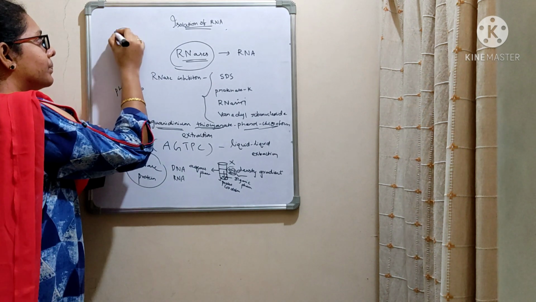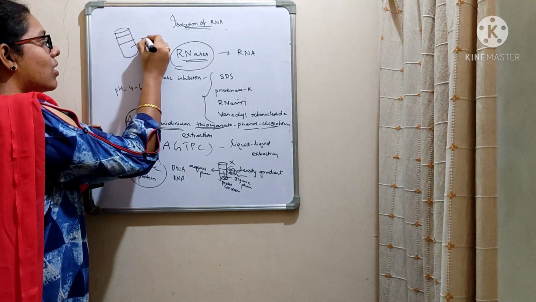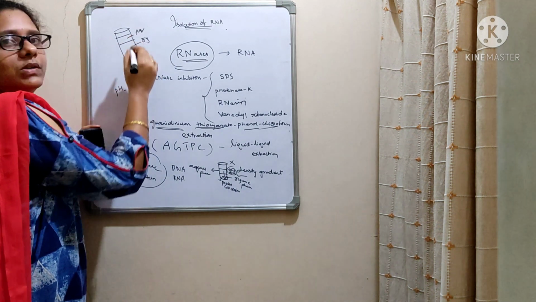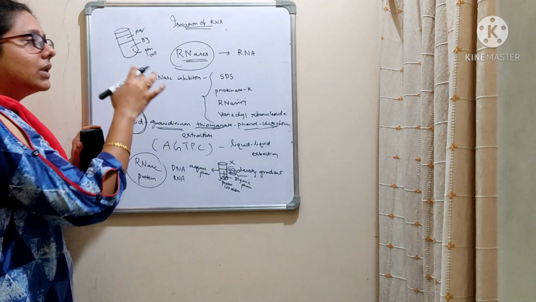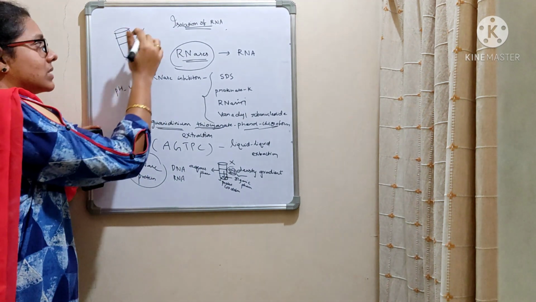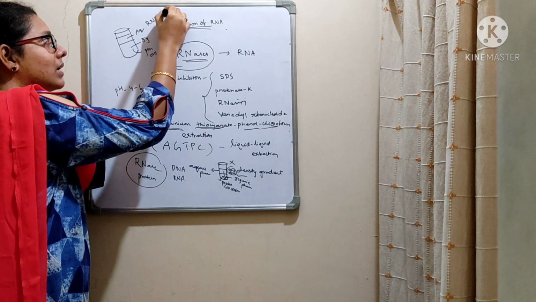See clearly, these are the two phases. This is the organic phase and this is the aqueous phase. Here protein and cell debris will be partitioned in the organic phase, whereas in the aqueous phase there will be RNA and DNA.